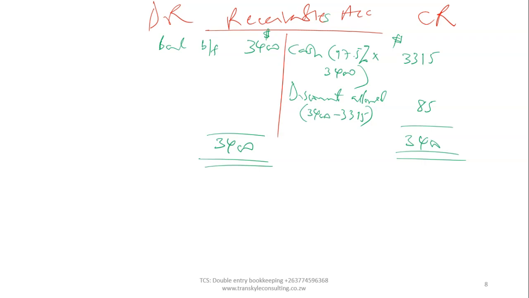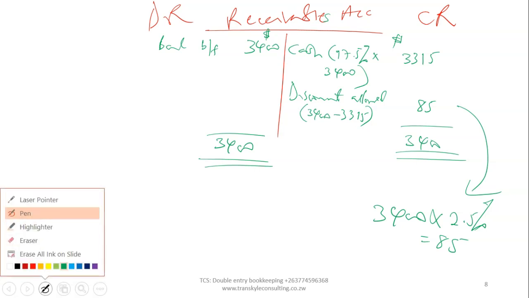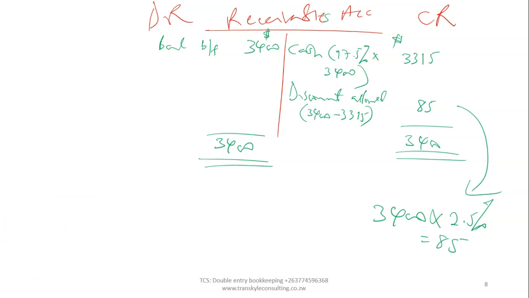But this figure can also be found by saying 3,400 multiplied by 2.5%, and you get the same answer as $85, which was the discount allowed.